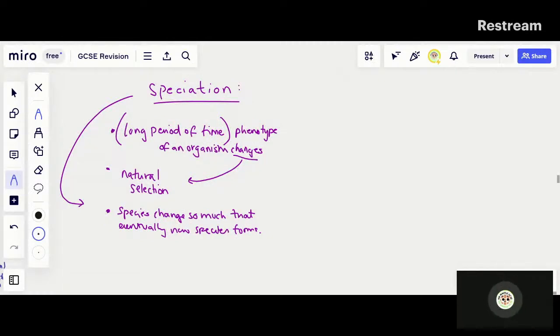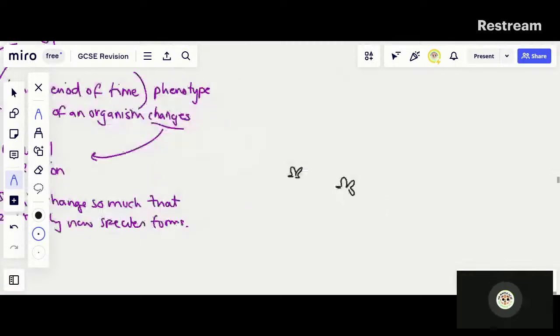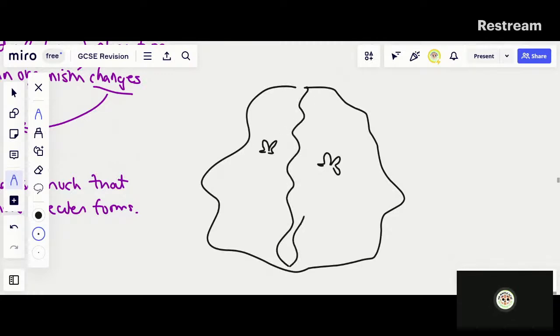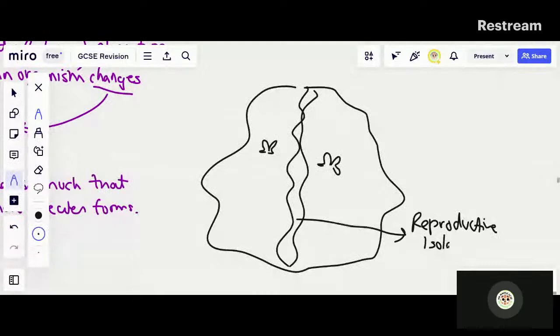So imagine there were butterflies, and initially they all lived on the same island. But imagine there was suddenly a separation, and this physical separation caused what we call reproductive isolation, which just means that they cannot reproduce.